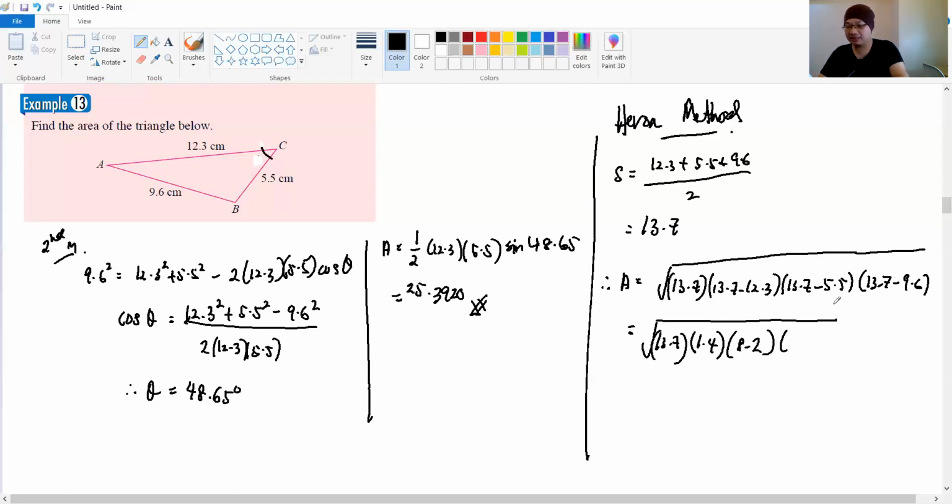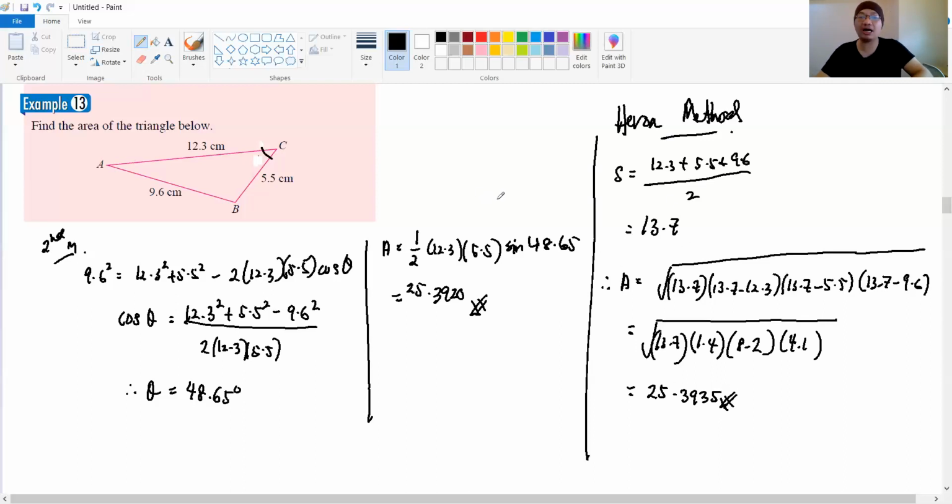And the last one is 13.7 minus 9.6, so your answer will be 4.1 here. Guys, please compute this. Let's multiply everything. The answer I should get is 25.3935 from my calculator using the Heron method.